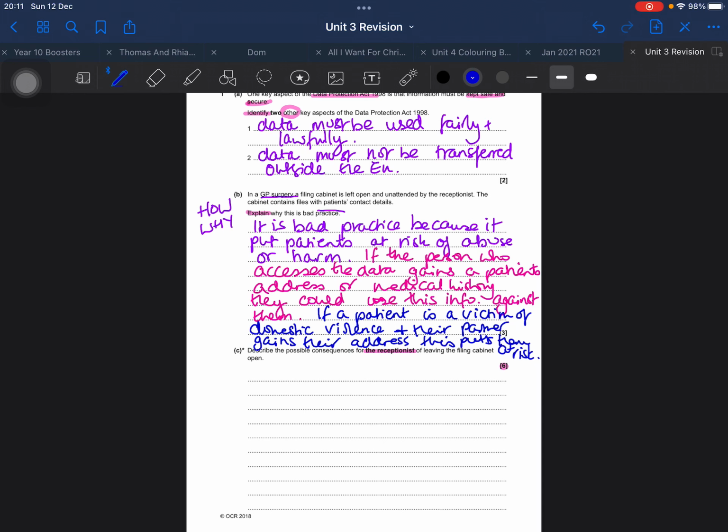So we're looking for probably 2 to 3 areas of context, sort of consequences of how this could affect the receptionist. Okay, so describe is our command word. So we know it's not just a simple sentence. Describe the possible consequences for the receptionist of leaving the filing cabinet open.